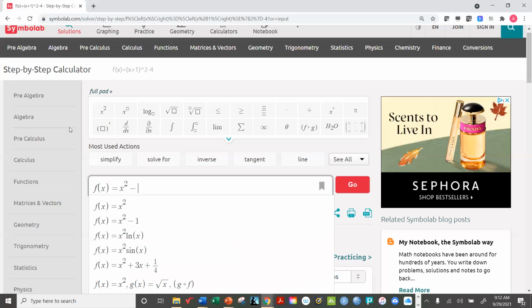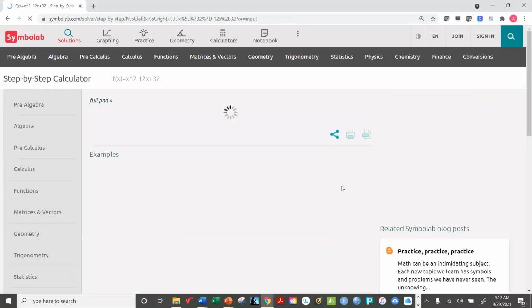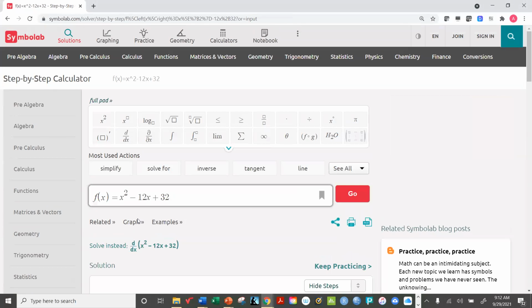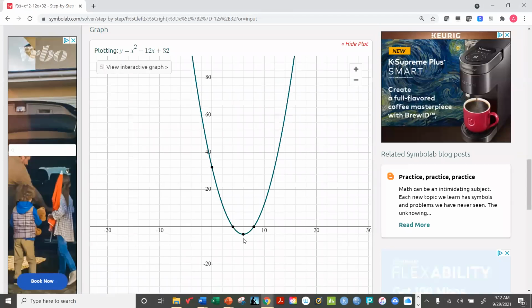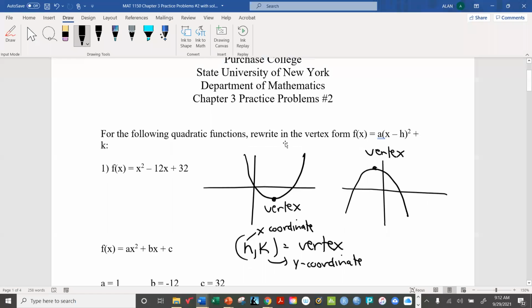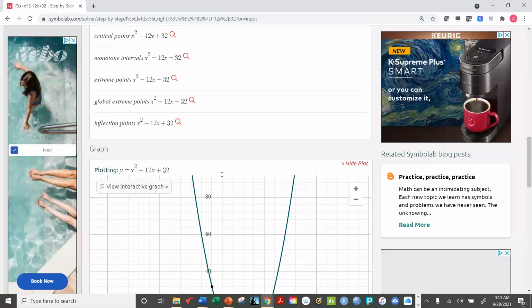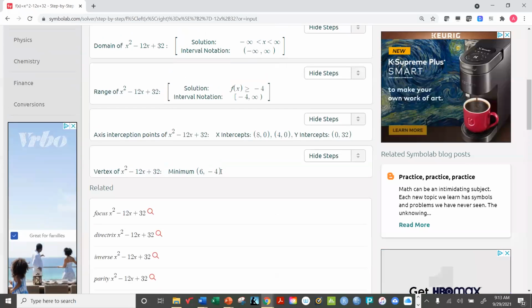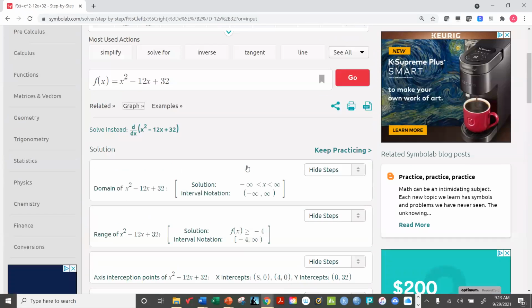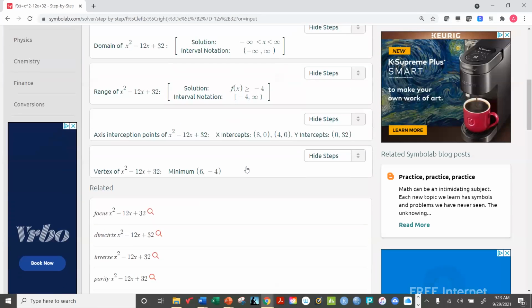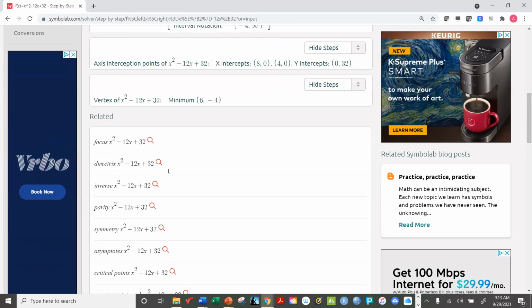X squared minus 12x plus 32. I just want to see what it's able to do. Now we know what the graph is. We've already proved that the vertex is 6, -4. But I wonder if it is capable of writing this out in vertex form without being asked, because look at all the stuff it's given us.